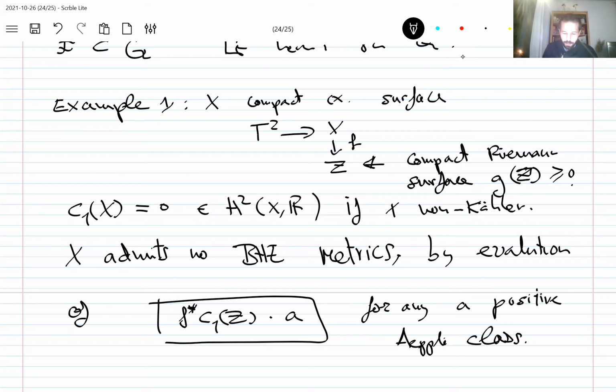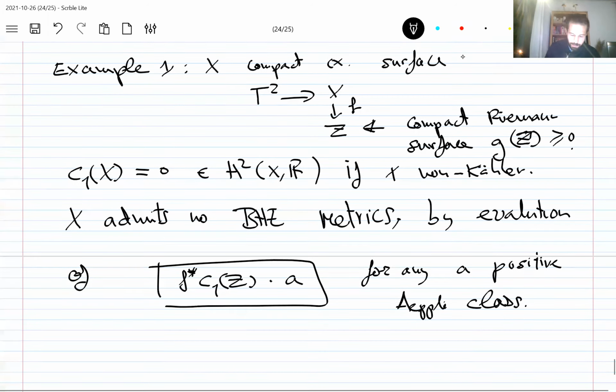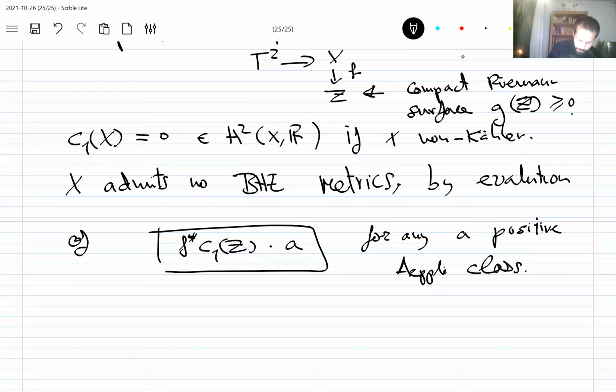Essentially, if you have a positive class, this quantity is going to be minus the integral over X of the pullback of omega base, where I don't know if I'm putting the signs right.